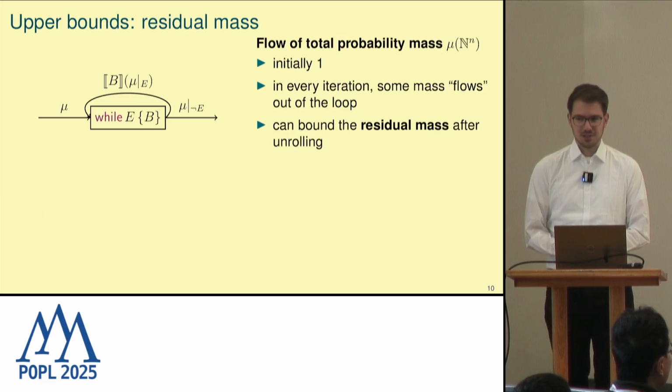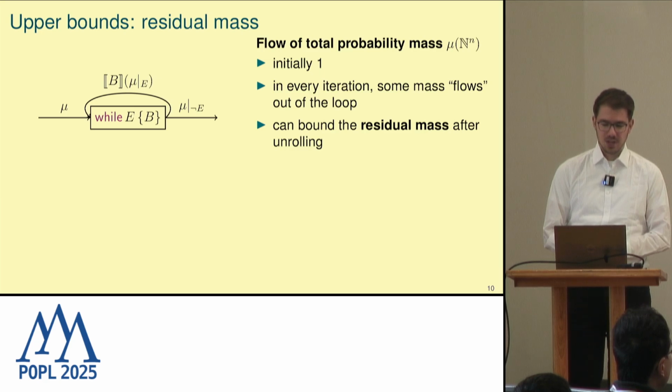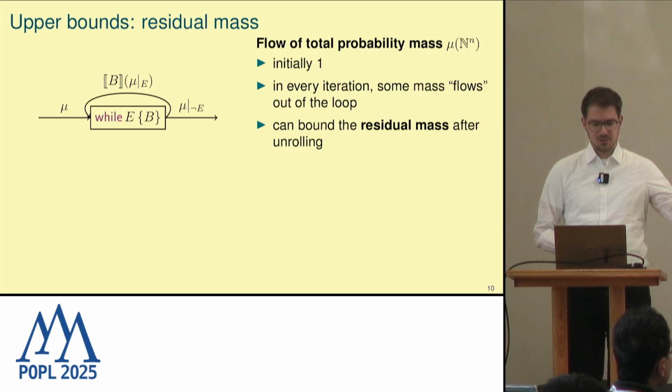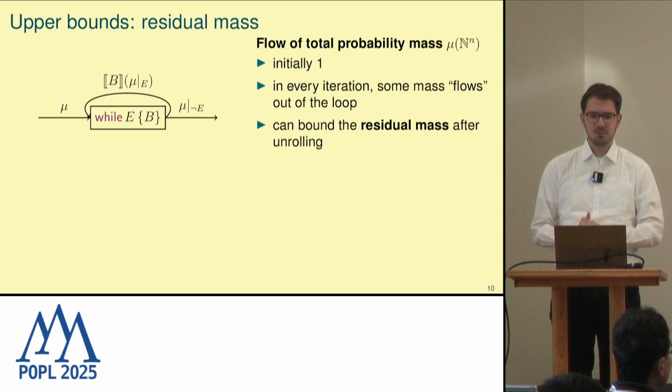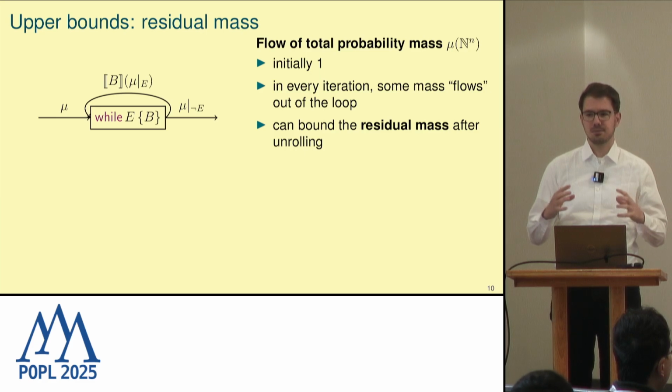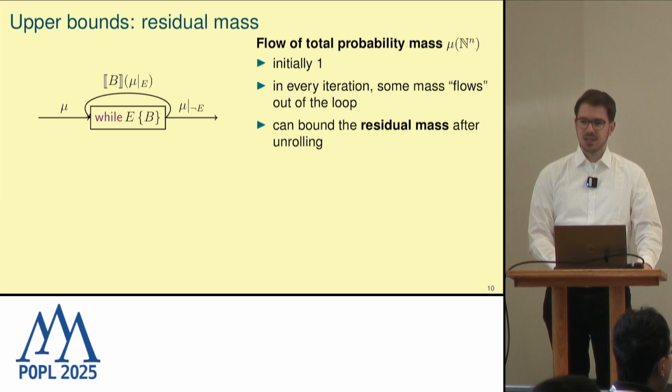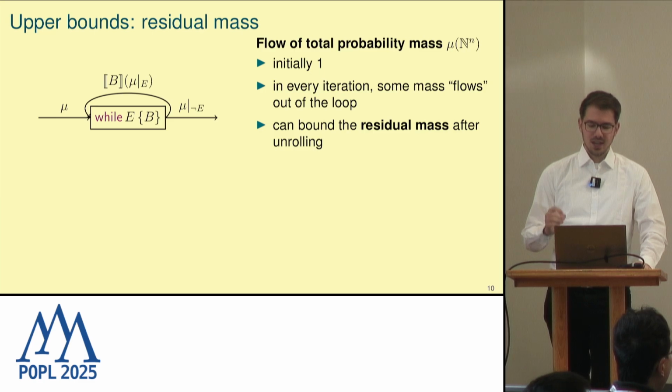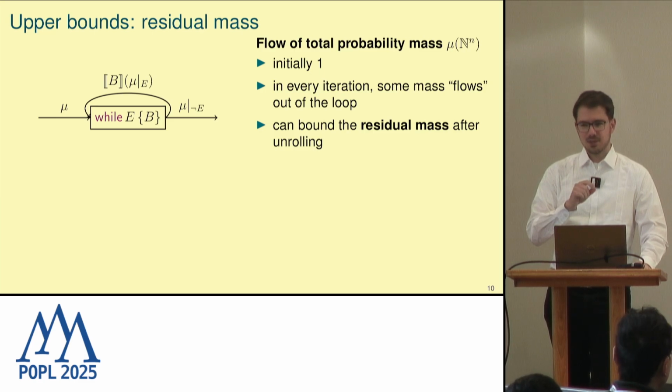Upper bounds are harder. So we come up with the following idea. As the probability distribution flows through the program, we can look at the total probability mass. Initially, this will be 1. And then in each loop iteration, some of the mass will flow out of the loop.